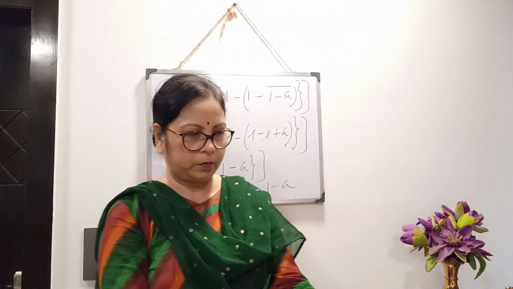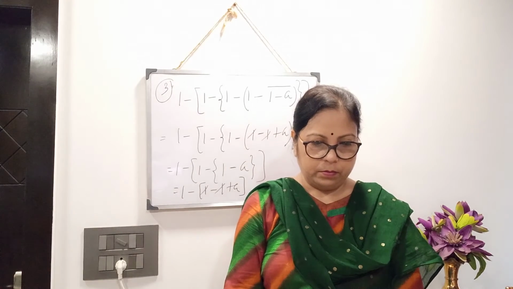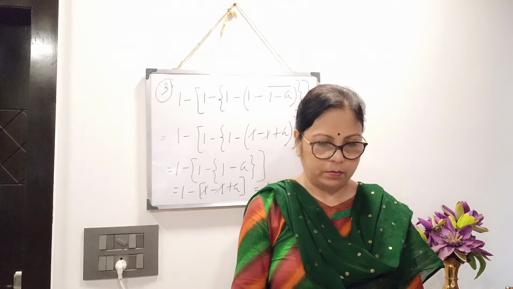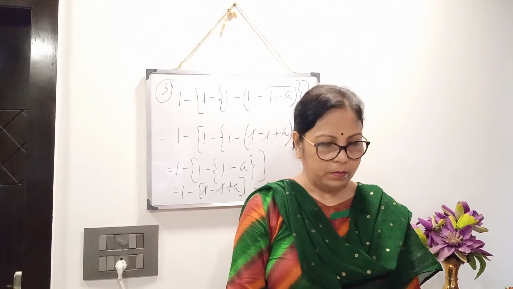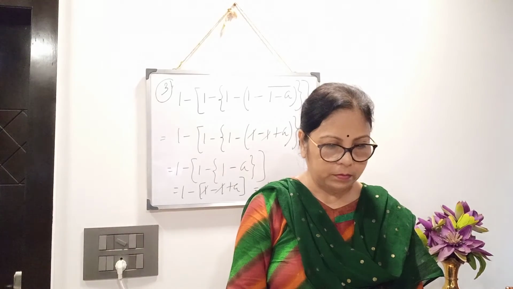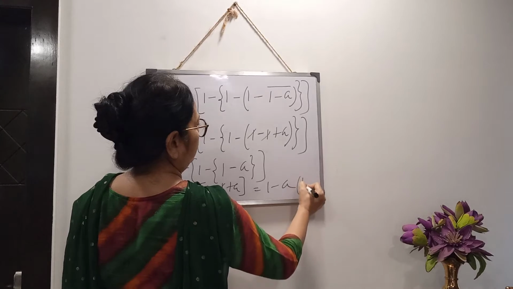Checking the answer, exercise 1, sum number 12. 1 minus a. This is the answer. Clear?